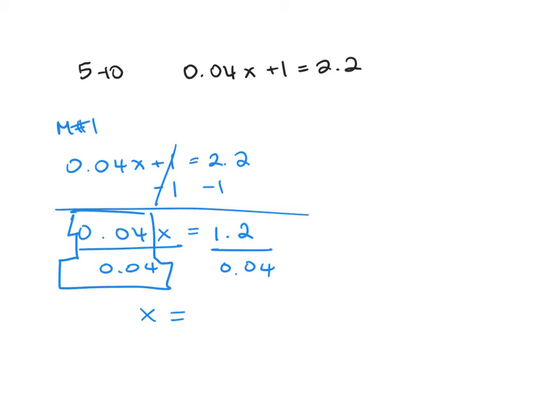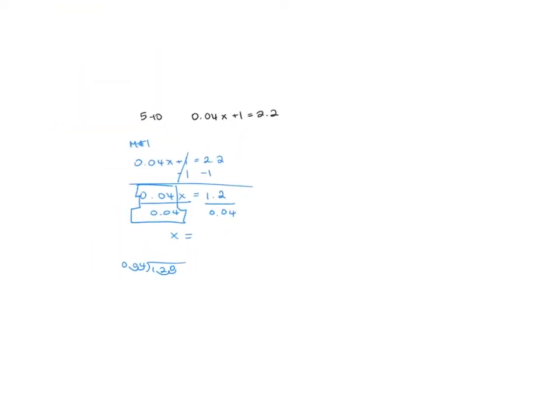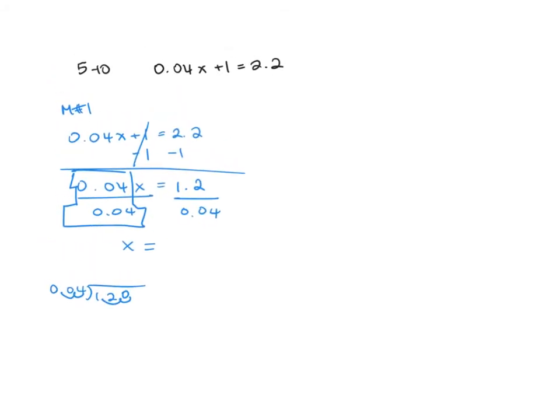That's going to require me to do some long division. 1.2 divided by 0.04, so this is 2 decimal places, so I'm going to move the decimal 2 places. That's like saying 120 divided by 4, which is 4 goes into 12 3 times, and that's 12, 0, 0, so that is 30, okay?